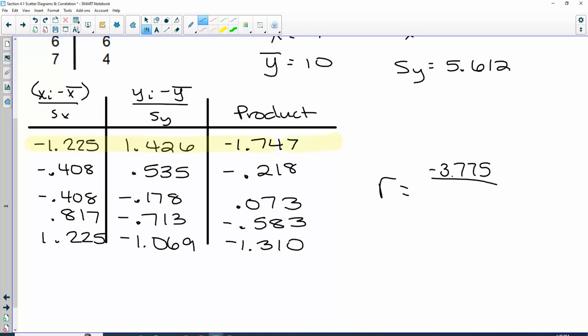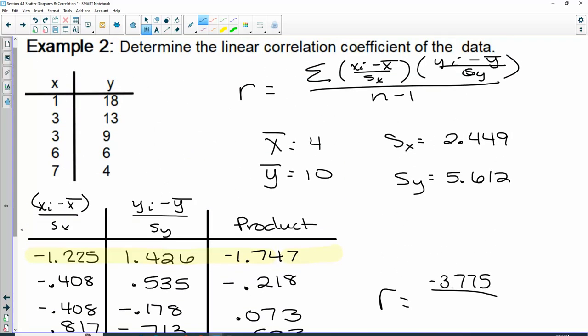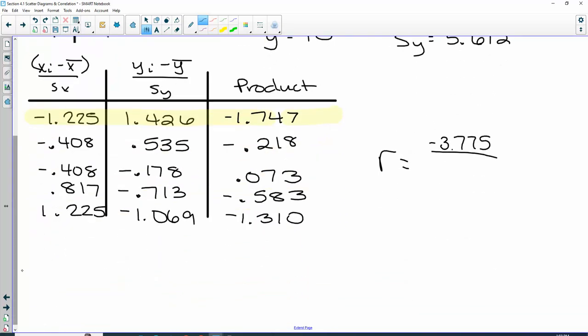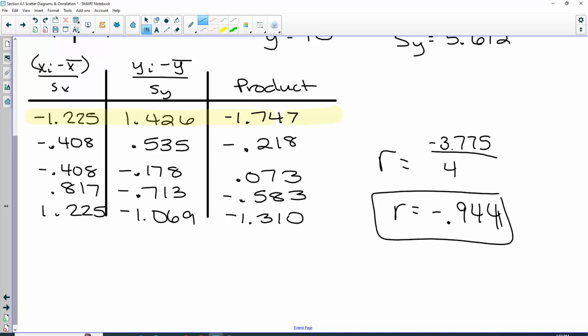Divide by n minus 1. So how many ordered pairs do we have to start with? 5. So 5 minus 1 will be 4. And I get an r of negative 0.944, approximately.